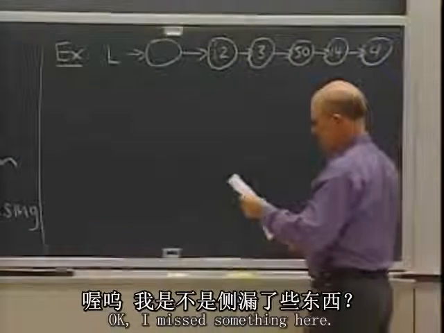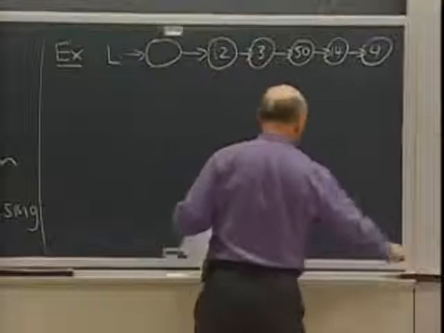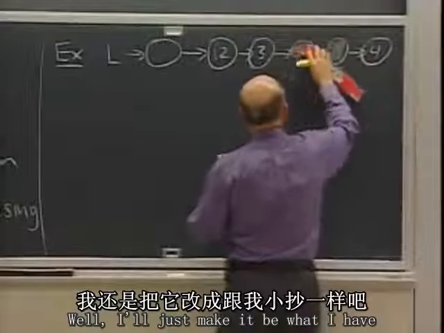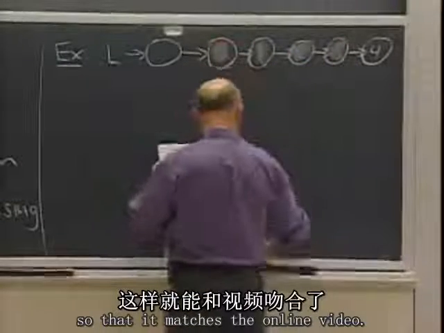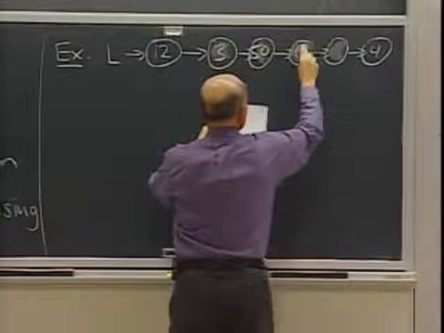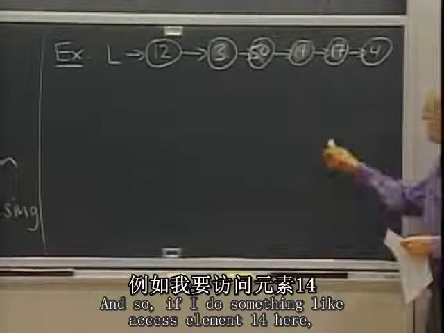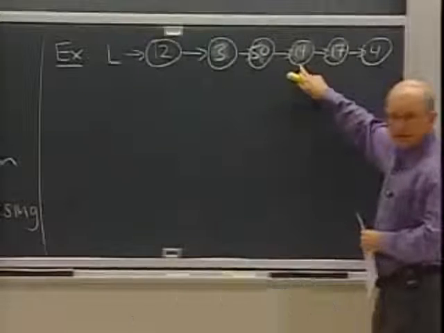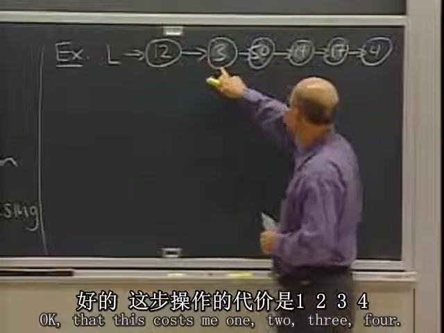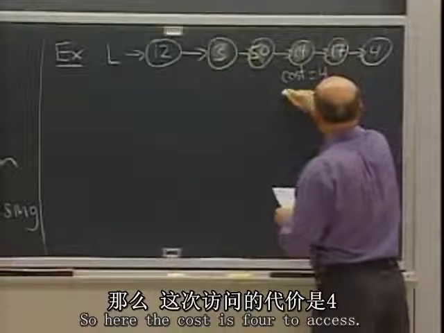Okay, so here we have a list. And so if I do something like access element 14 here, the element with key 14, then this costs me 1, 2, 3, 4. So here the cost is 4 to access.